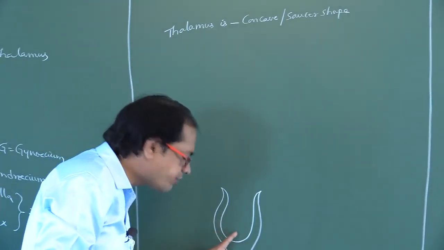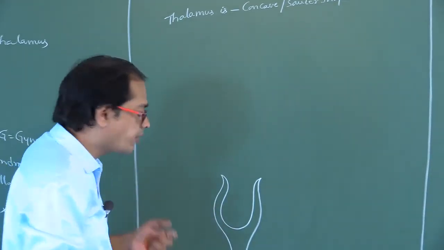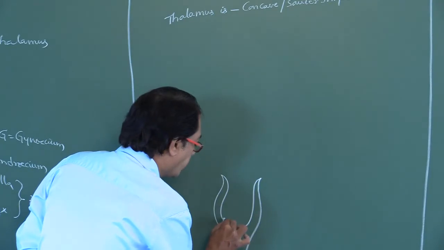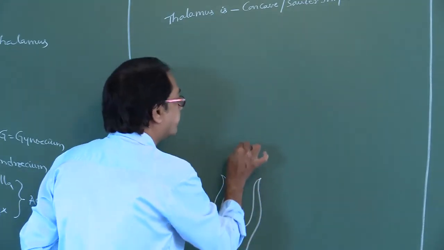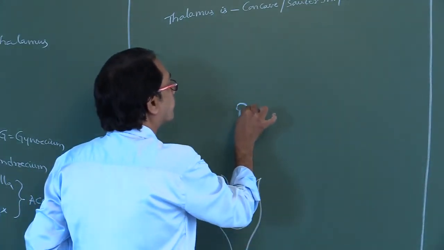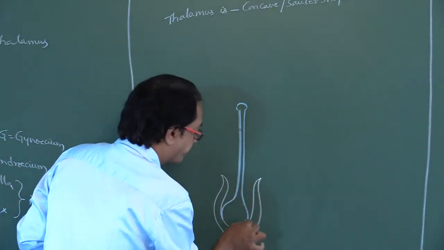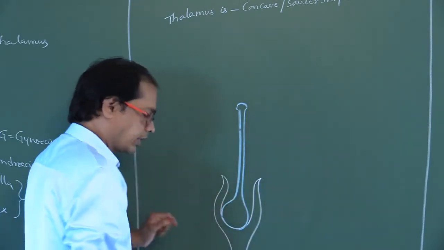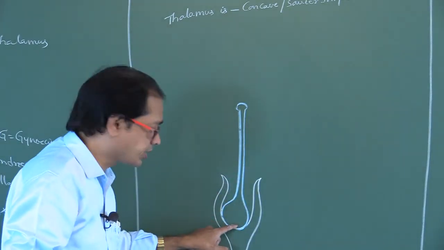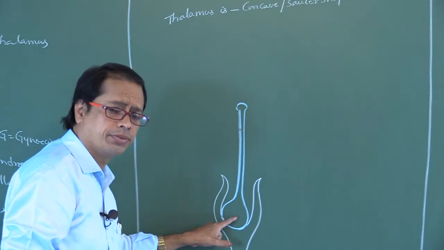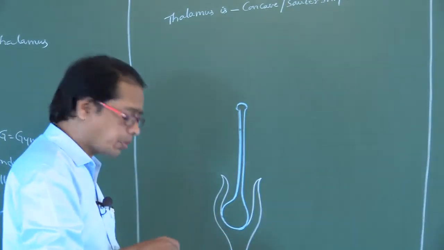At the center of thalamus, ovary is present. At the center of thalamus, gynoecium is present and the remaining floral parts are present.